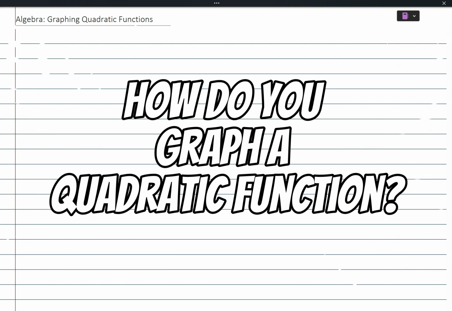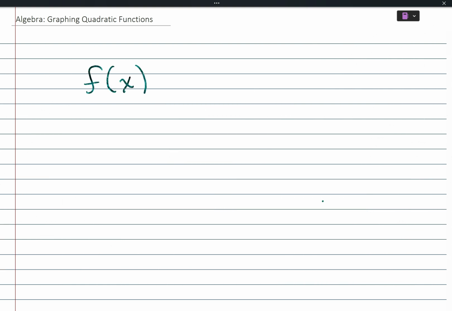This mini lecture will cover the topic of quadratic functions, and specifically we'll look at graphing quadratic functions. So if we first look at a quadratic function in the form of ax squared plus bx plus c, this is known as the general form, or standard form, of a quadratic function.